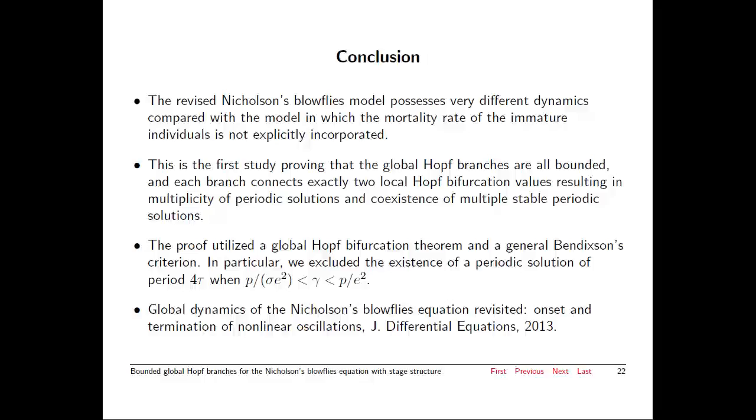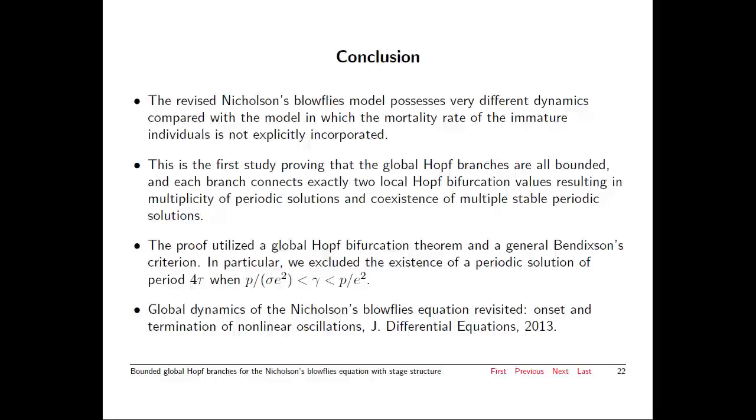Somebody discussed using data fitting. As I know, some professor at UBC in Canada used data fitting on blowfly populations, and they told me that if you use this age structure, maybe the data fitting will be more perfect.